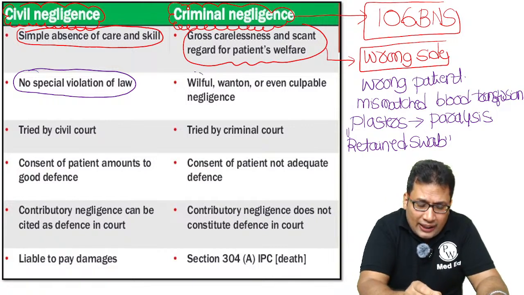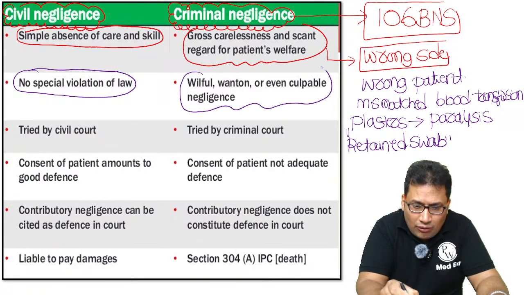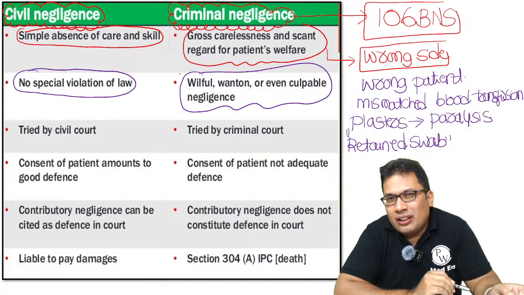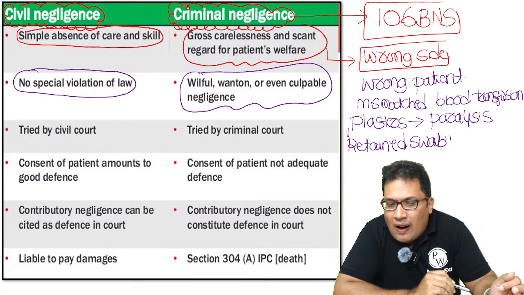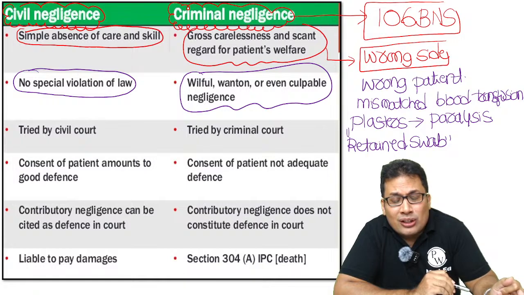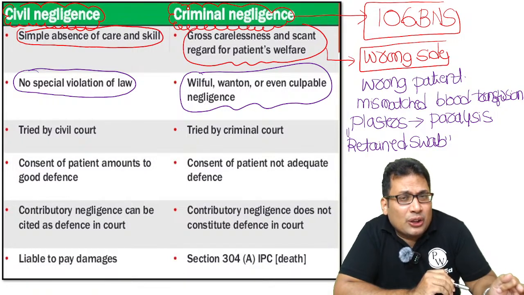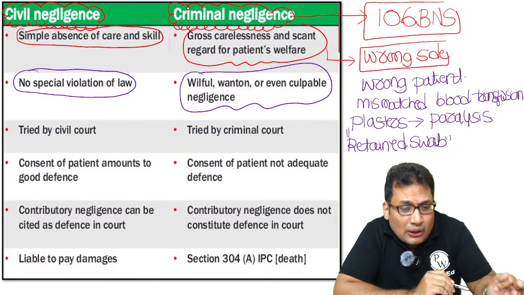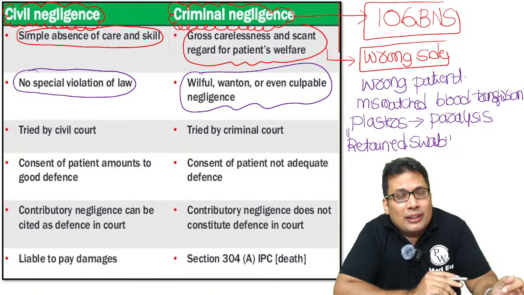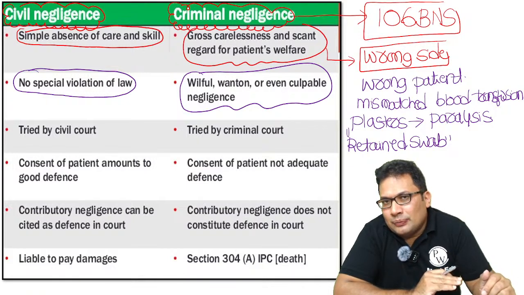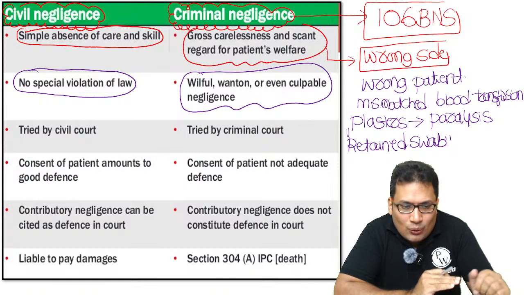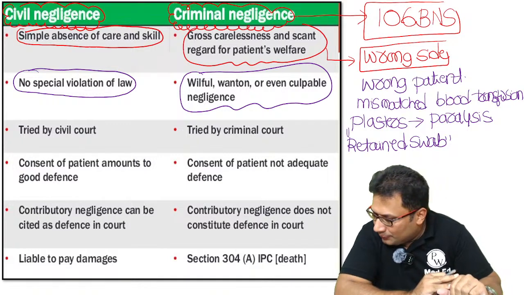But in criminal negligence, there is willful, wanton or even culpable negligence, because there is a clear violation of the law. For example, giving a mismatched blood transfusion leading to death of the patient is willful negligence. I know cross matching should be done before giving blood, so that is willful negligence.